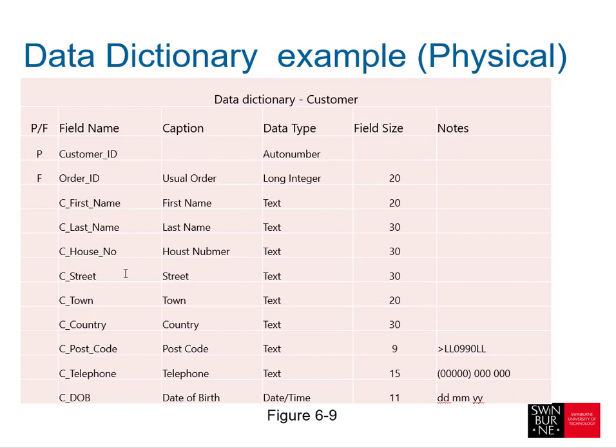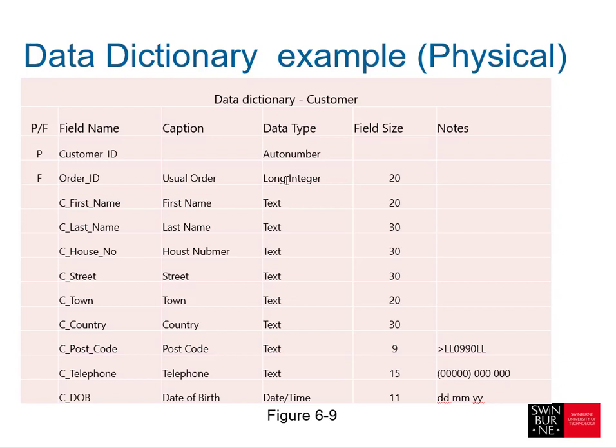You can see I have identified each column, whether it is a primary key or a foreign key, and then the column name, the caption, and the data type of each column.